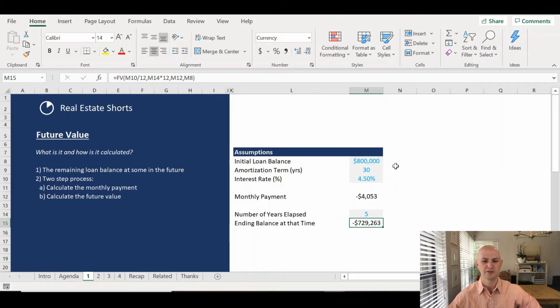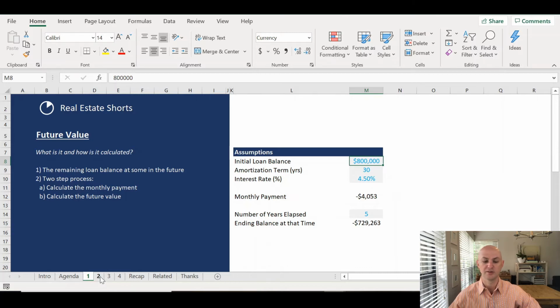So following that train of thought, we need to calculate future value, and we're only given three input assumptions. But you can use these three to calculate the missing fourth. You can use the loan balance, the amortization term, and the interest rate to estimate the payment. And then given the loan balance, amortization term, interest rate, and payment, you can now solve for that future value.